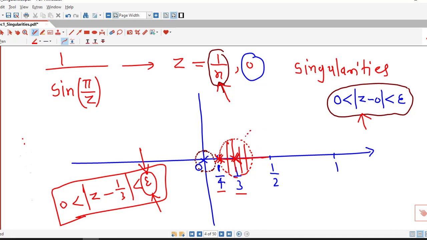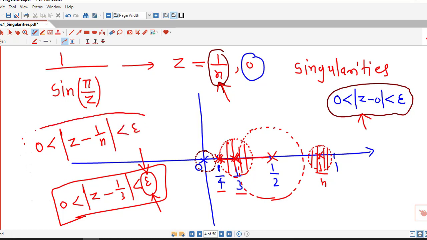So we can consider this circle, and if we consider the set of all points inside this deleted neighborhood, then the function is analytic throughout that deleted neighborhood. Therefore for any point z equal to 1 by n, we can always find at least one deleted neighborhood of this point such that the function is analytic throughout that deleted neighborhood.